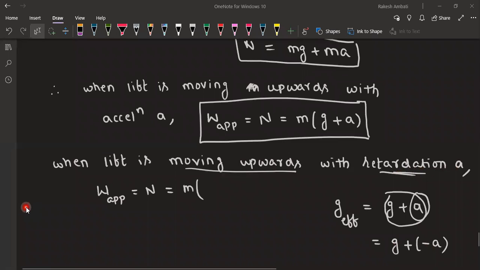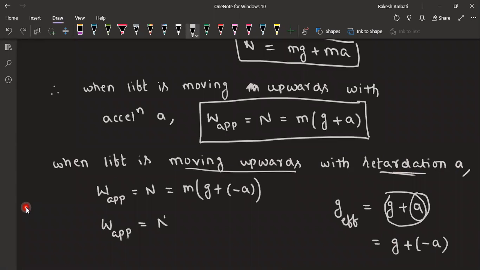Therefore, the apparent weight of the man, which is the normal force acting on the man, is equal to m into (g minus a).